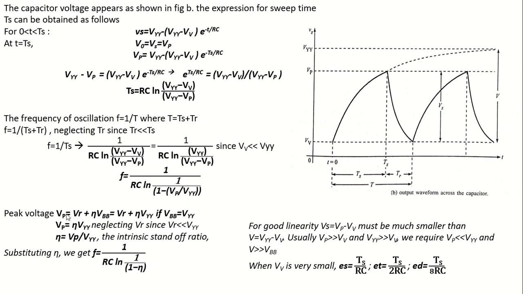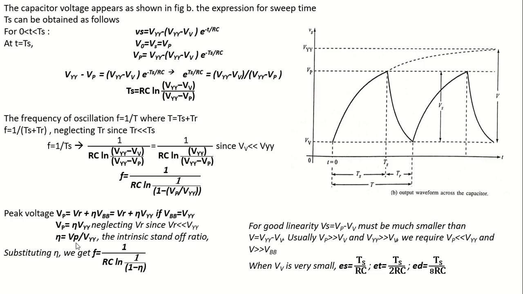Now the peak voltage Vp, which we derived in the previous slide, is V gamma plus eta VBB. Considering VBB is approximately equal to the maximum value Vyy, this can be written as V gamma plus eta Vyy. By neglecting the diode voltage V gamma, which is very small compared to Vyy, Vp equals eta Vyy.